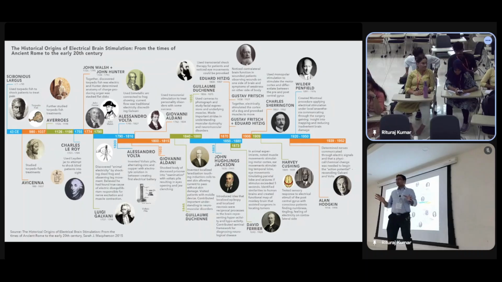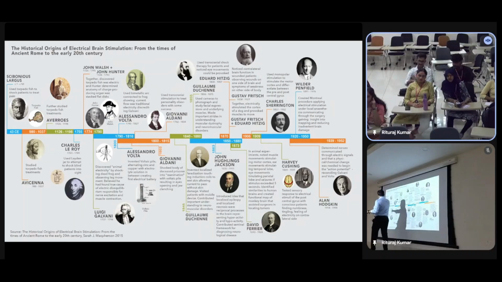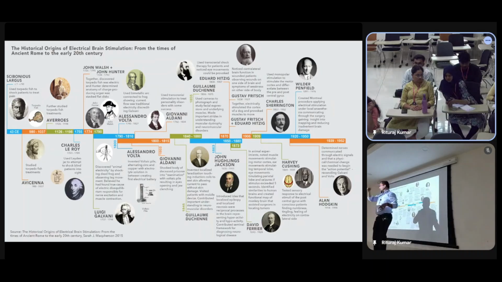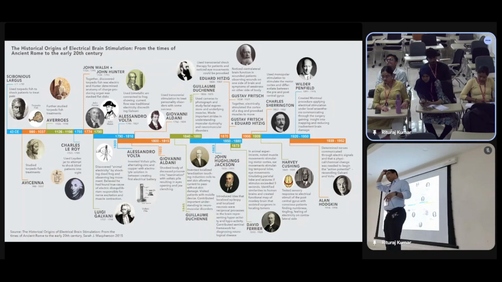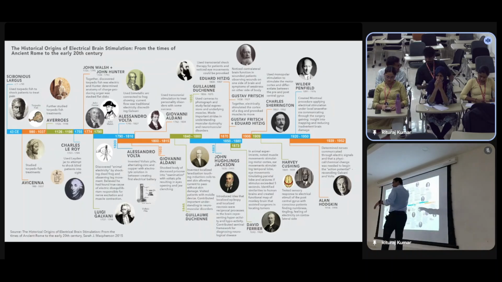It existed since BC, Greek times, when they were using this torpedo fish, which gives a small electric current. They used to put it on their head to relieve their headaches. Okay, so that is nothing but a kind of brain stimulation.